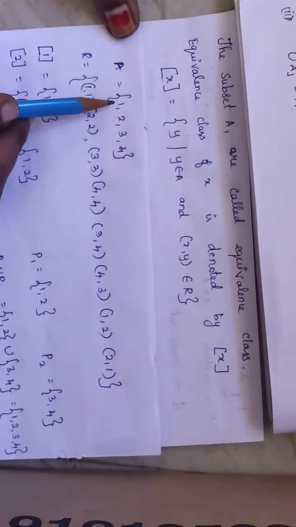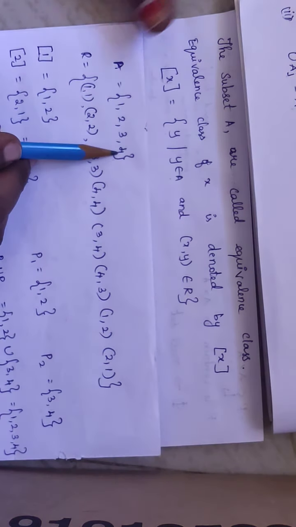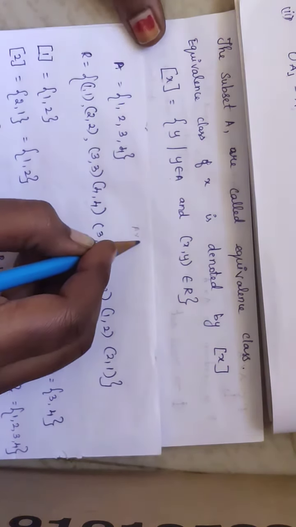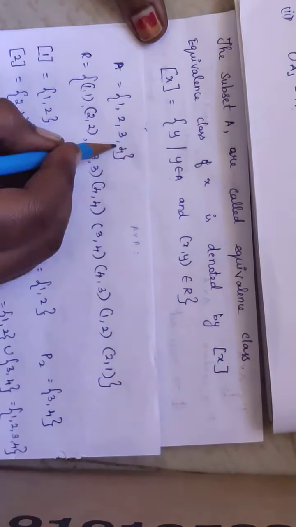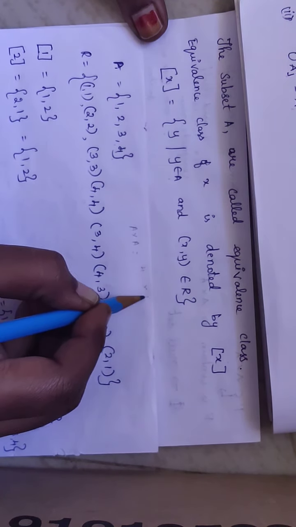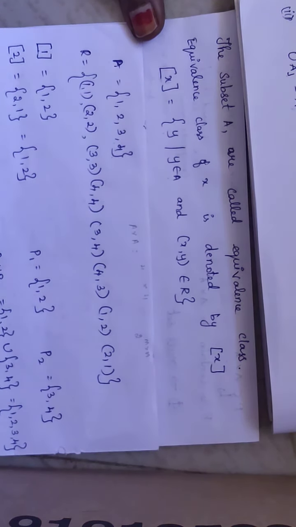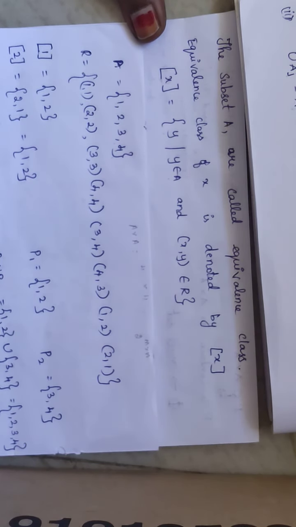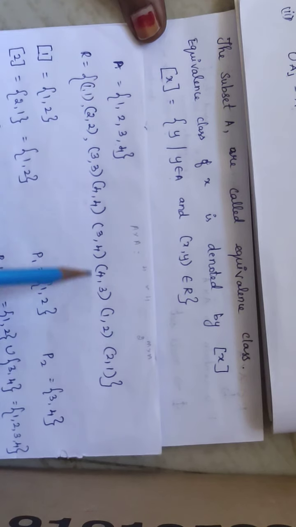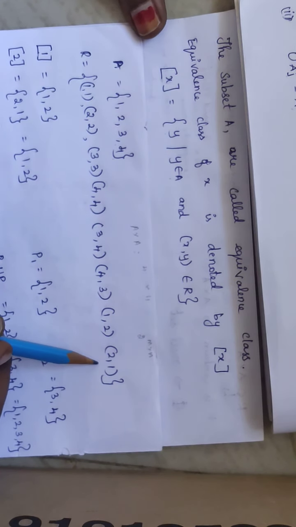Now A is equal to {1, 2, 3, 4}. Four elements are there. A cross A means 4 elements times 4 elements, 2 to the power m into n, 4 into 4, total 16 elements will be there. I have taken a relation, a subset of the Cartesian product, so only these elements I have selected.